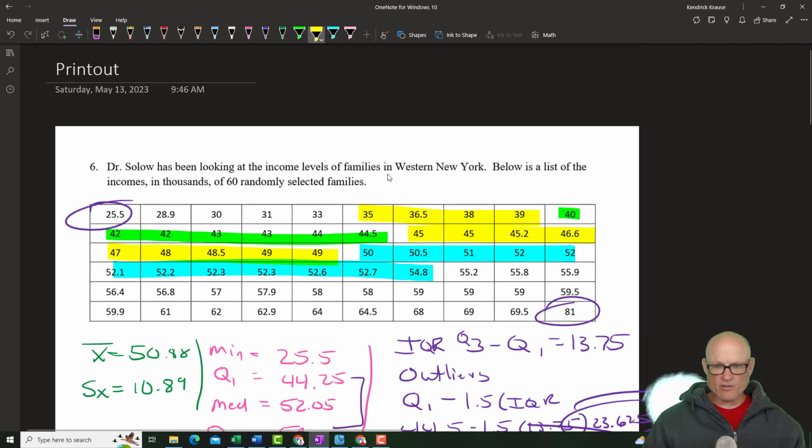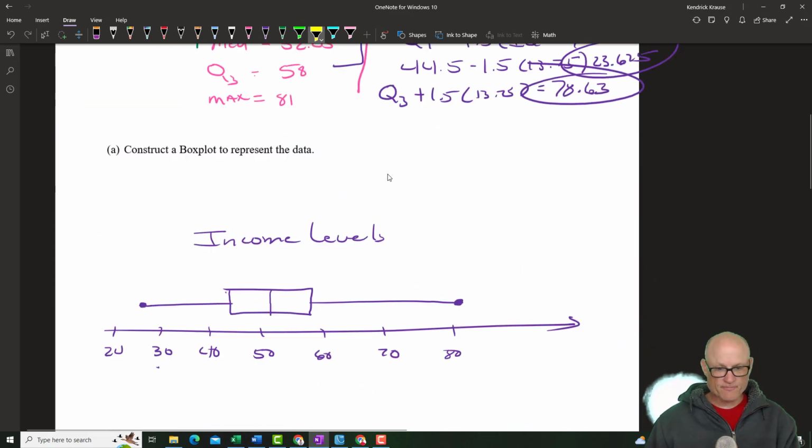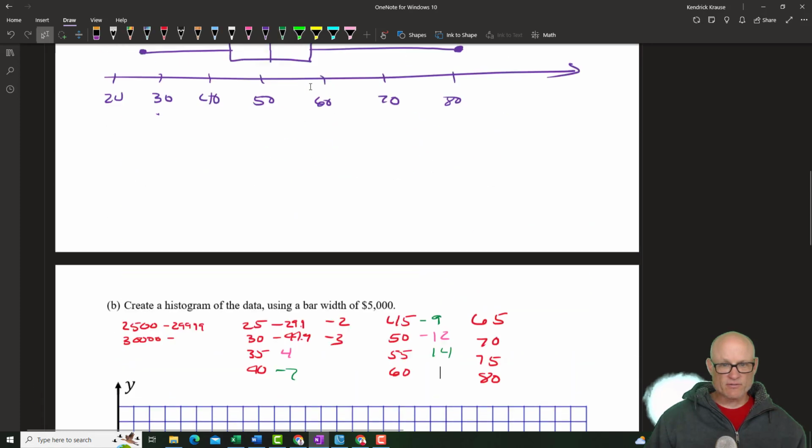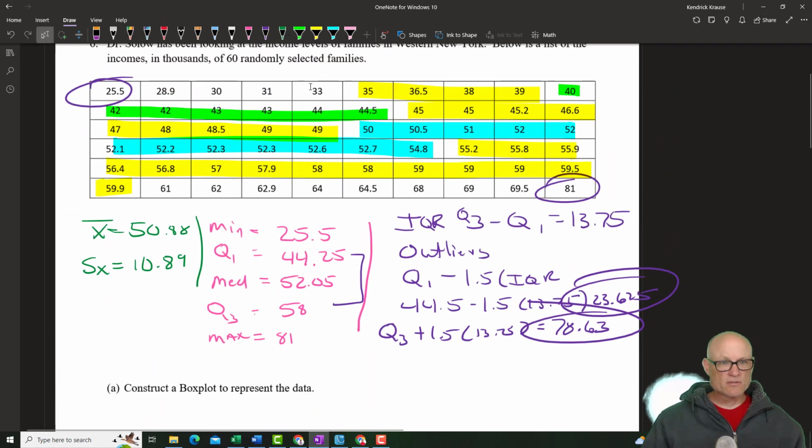Yes, this is a pain to do. $55 to $60. 1, 2, 3, 4, 5, 6, 7, 8, 9, 10, 11, 12, 13, 14. 60 to 65. 5.